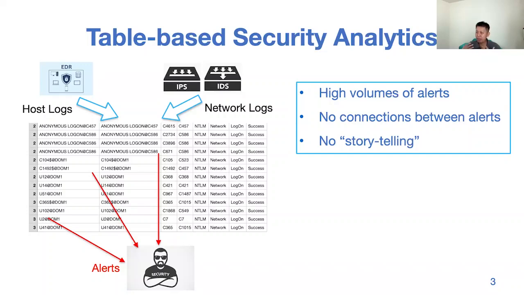And whenever we present them alerts, it's more like individual events. So we do not really draw the connection between the alerts. We don't really tell the story, like the articles we see about their attack strategy, their connections, their steps. We don't have that information if we apply a table-based approach.